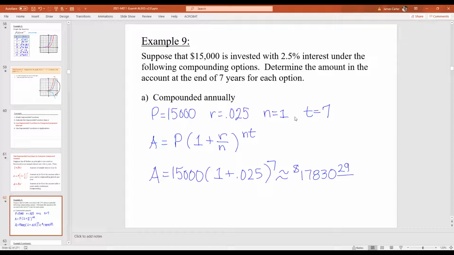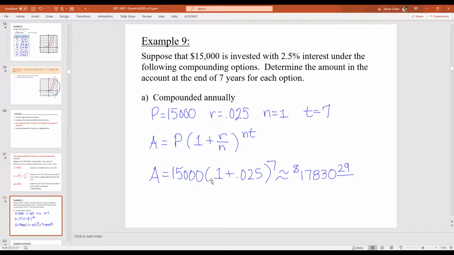Okay, if we use once a year compounding for 7 years is what this is saying. The principal 15,000 times 1 plus this over once a year times once a year times 7 for the power, and you basically put all that into a calculator.